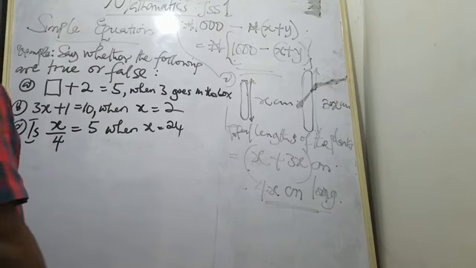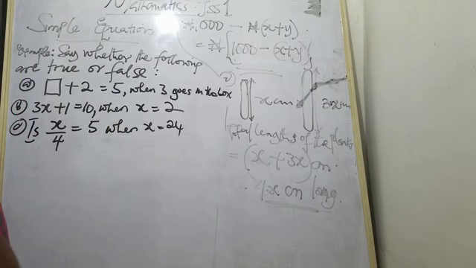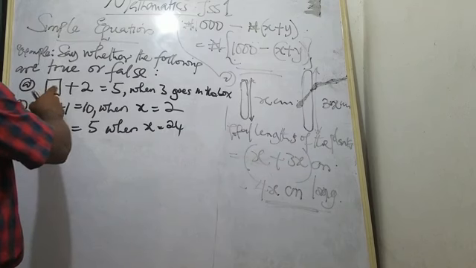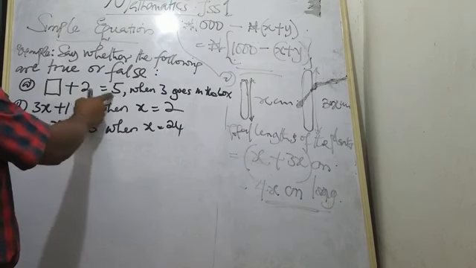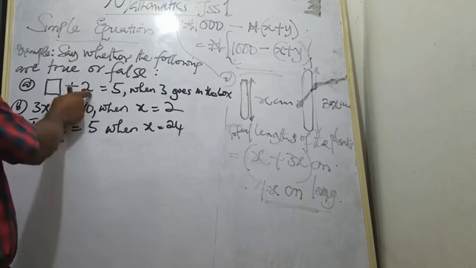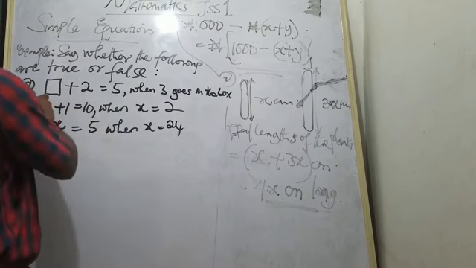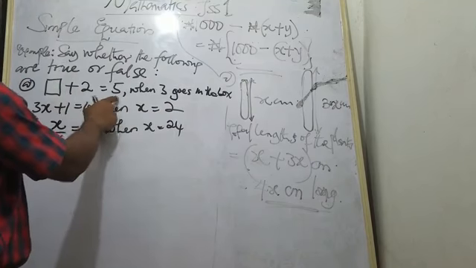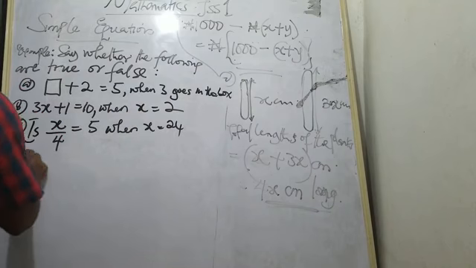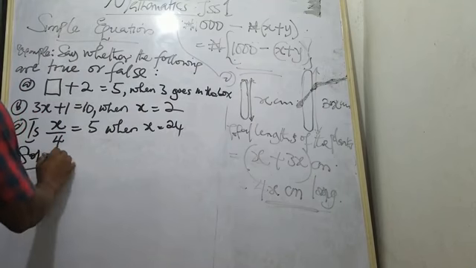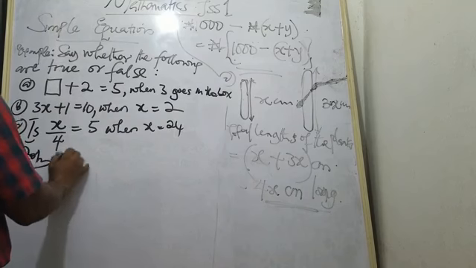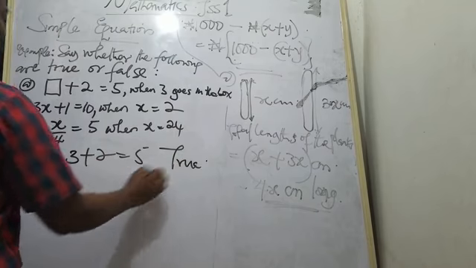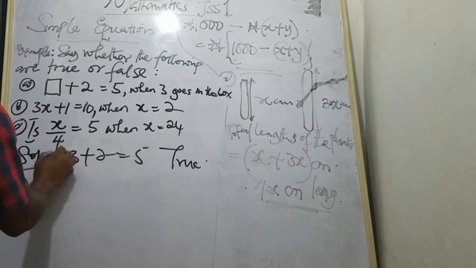Now we have a box here. What will be here when you add 2 to give you 5? Is it true when 3 goes in the box, will this give you 5? Yes or no? Let's take the solution. If this box is 3, 3 plus 2, what will you have? 5. So it is true.